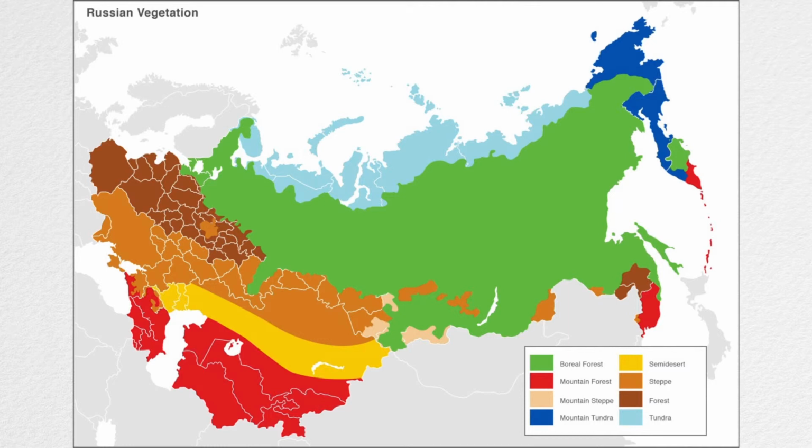Finally, moving from this mixed forest zone south, we see increasingly dense grasslands and less tree growth, producing what is called a forest steppe or a forest meadow zone. And then here north of the Black Sea in this light brown color.